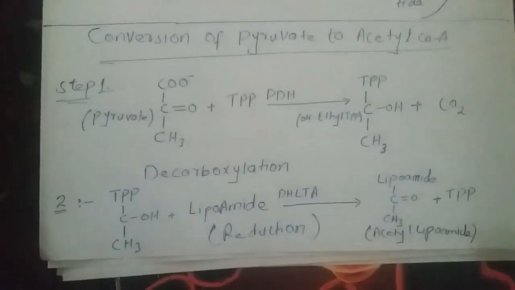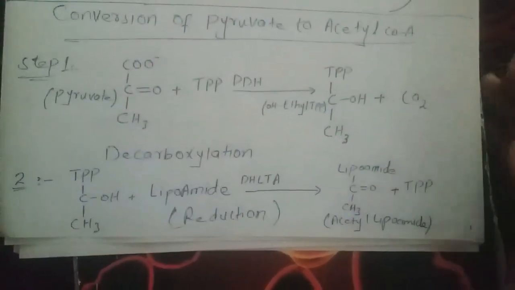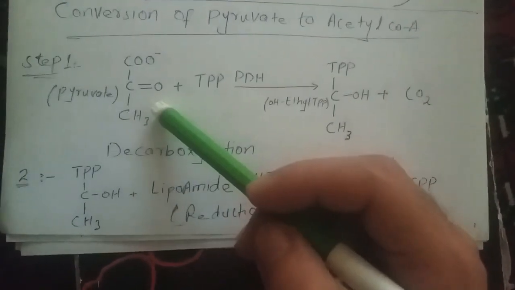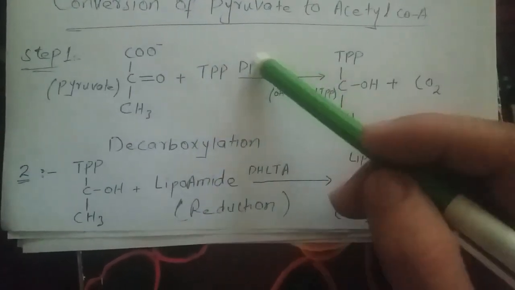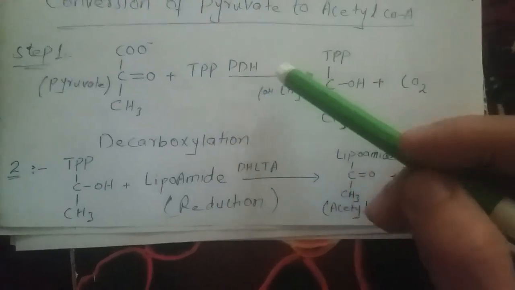Conversion of pyruvate into acetyl CoA. The first step is the decarboxylation step, meaning removal of carbon dioxide. In the first step, pyruvate combines with thiamine pyrophosphate. The enzyme is pyruvate dehydrogenase or pyruvate decarboxylase or E1.